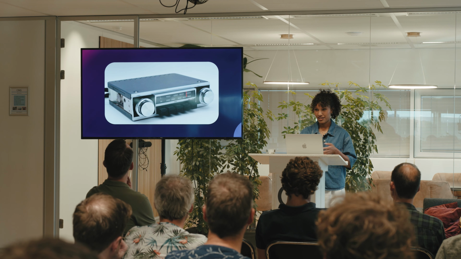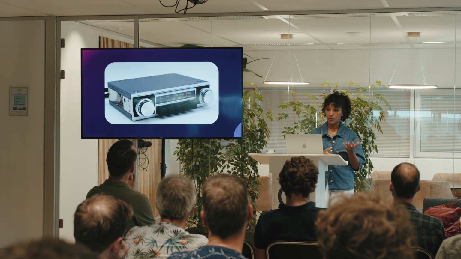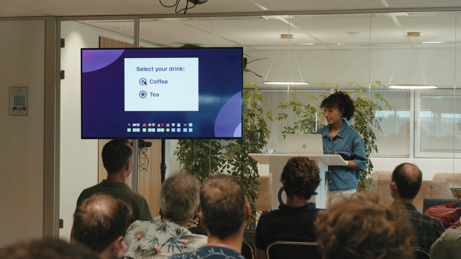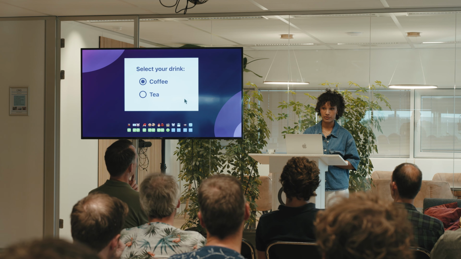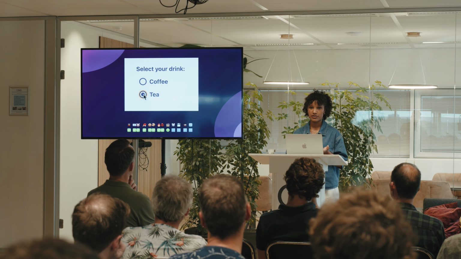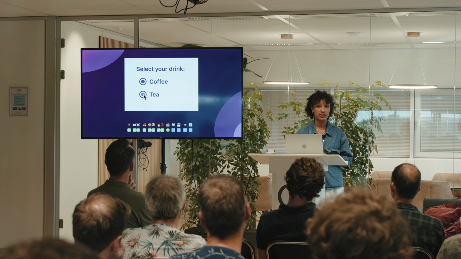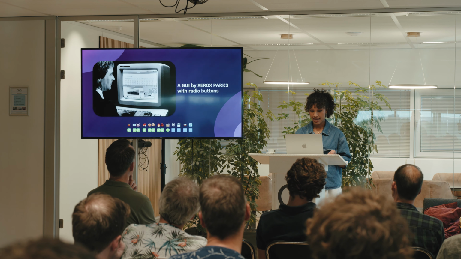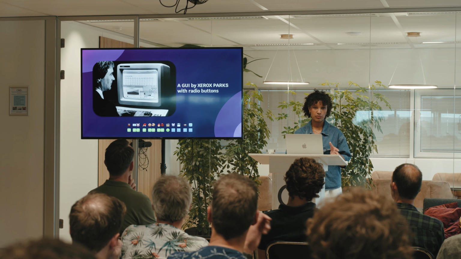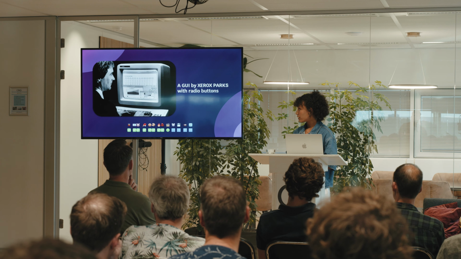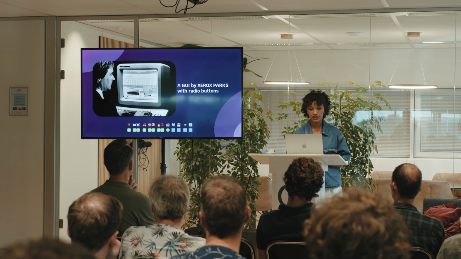And in tech, or in the UI world, there's one other thing that works similarly. It's also called radio buttons. You are offered a bunch of options and you're only allowed to pick one at a time. It can't be more than that. And the first time radio buttons was featured in a computer was in this computer developed by Xerox PARC.